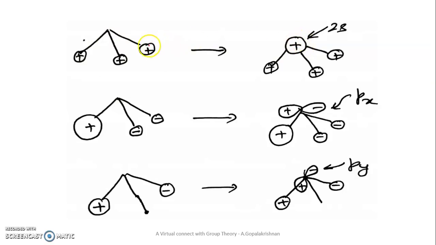You know very well, this group orbital has A1 symmetry and 2s orbital also has A1 symmetry. So this is a suitable orbital to form molecular orbitals. Similarly, for this group orbital, the suitable p orbital is px, which has positive lobe this side and negative lobe this side. So positive lobes can combine, and negative lobes can combine this side. Okay, and the suitable orbital for this one is py.